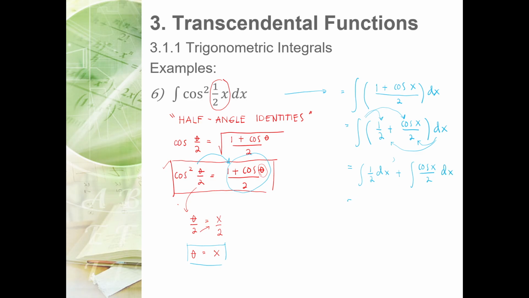Then taking away the constant, 1/2 integral of dx plus 1/2 integral of cosine x dx. And this gives us the answer of 1/2 x plus 1/2 sine x plus c.